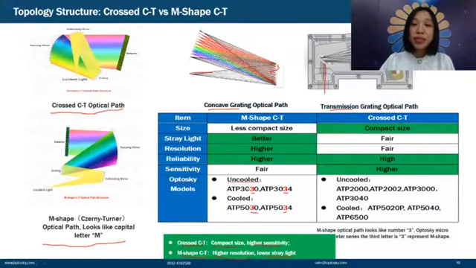We have the 3 series uncooled, and we have the 5 series cooled. For cross CT, we have the most popular ATP 2000 series and 3000 series. And we also have a cooled one, the most scientific grade, ATP 6500.